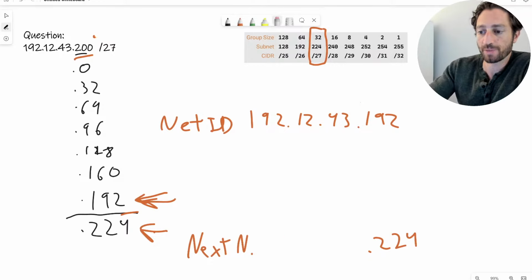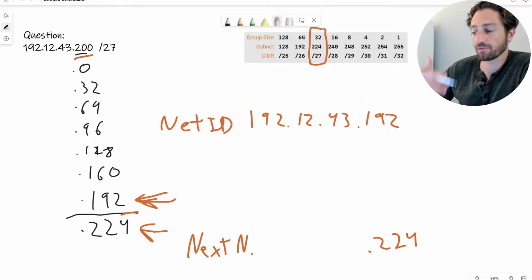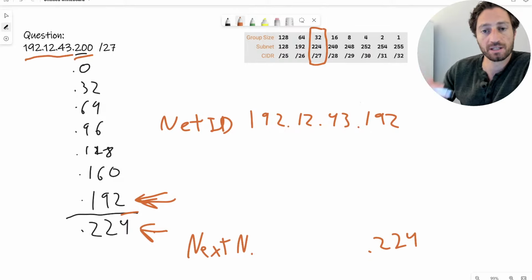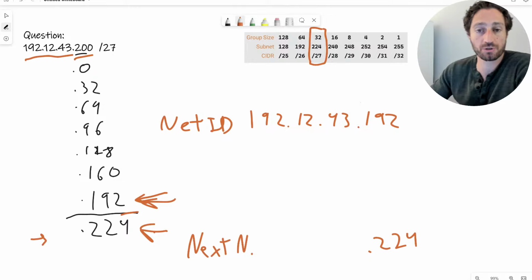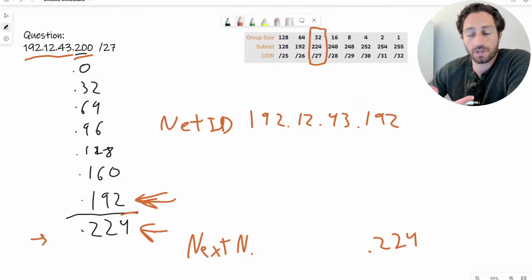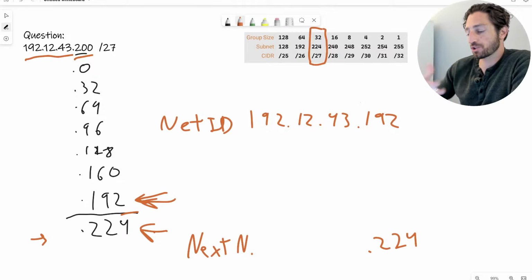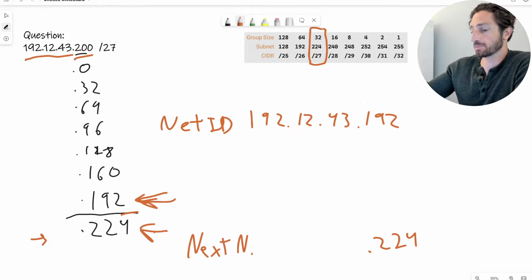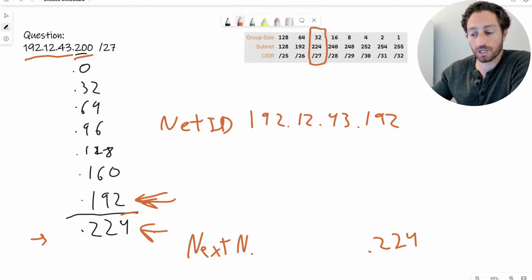What that means is that if we are listing out all the /27s in 192.12.43, the next /27 after our /27 would start with 224. Now that's going to be useful if you're doing VLSM type problems where you have a topology and a certain number of IP addresses and networks, and you're trying to assign subnets appropriately to this particular network. That's where the next network field would come into play.